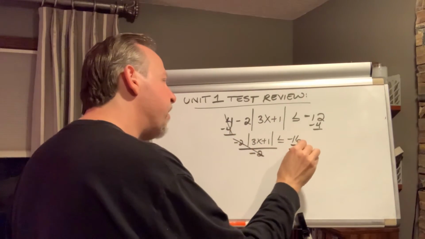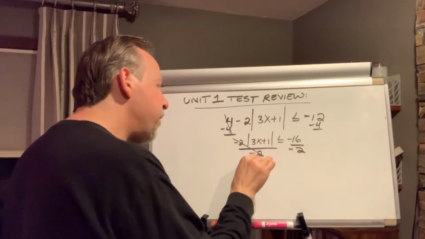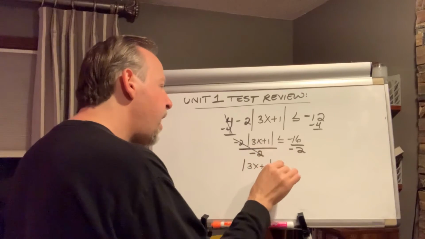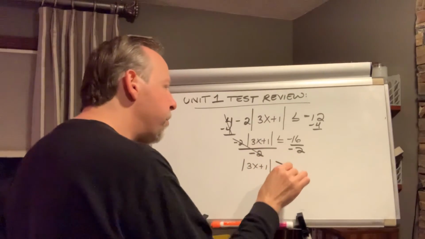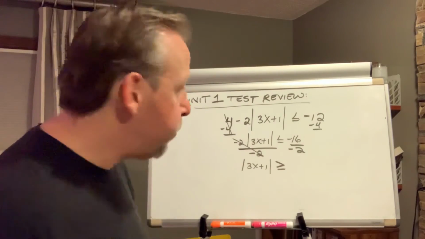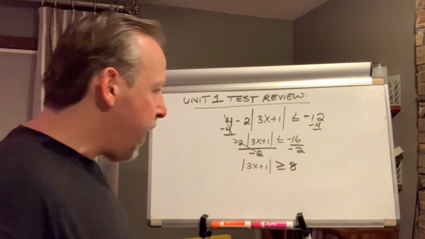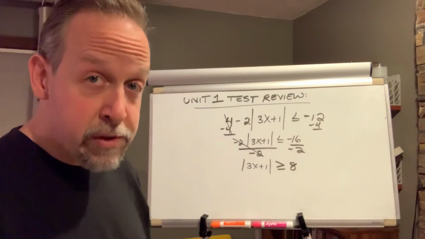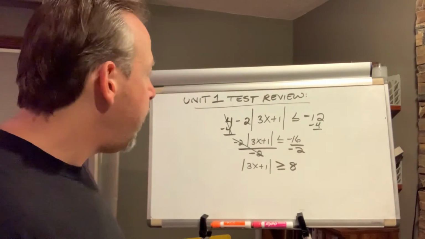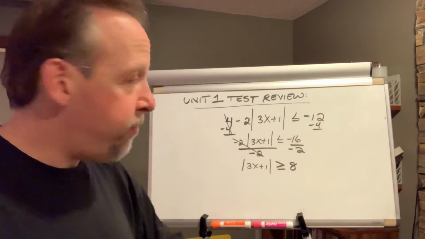But of course, both sides have to get divided by negative 2. So we have absolute value of 3x plus 1 is greater than or equal, because we divided by a negative, it's still an inequality, it still follows those rules, positive 8. Okay, well now our absolute value is yielding a positive solution, which is what we want. And we had to remember to flip that symbol because you divided by a negative.